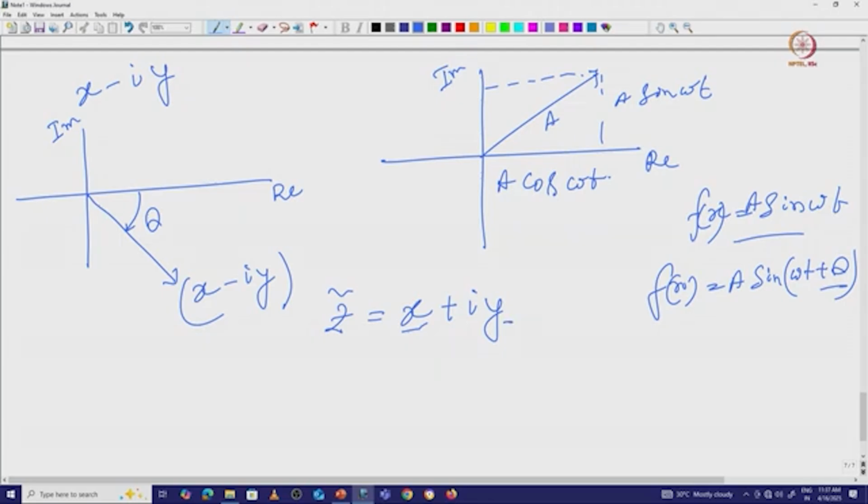Now we already noticed that if we have any angle theta, and this is x plus I y, and this is r, then this will be r sin theta, and this will be r cos theta, right.